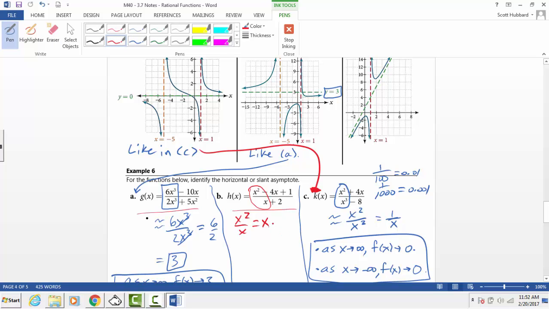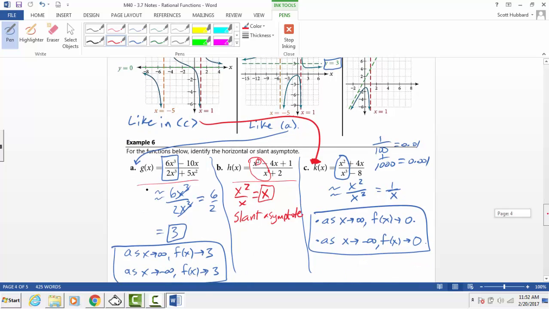Okay. So whenever you get that and you get x left over, then the difference was only 1 power. This is a power 2, this is a power 1. So then what we do actually is we're going to have a slant asymptote. And the way we're going to find that slant asymptote is we're going to do synthetic division.